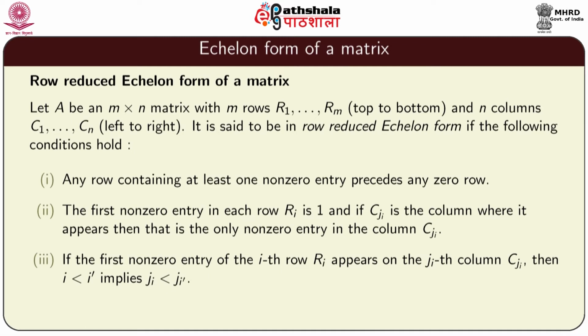So, this is what is called the row reduced echelon form of a matrix. Let us see some simple examples.